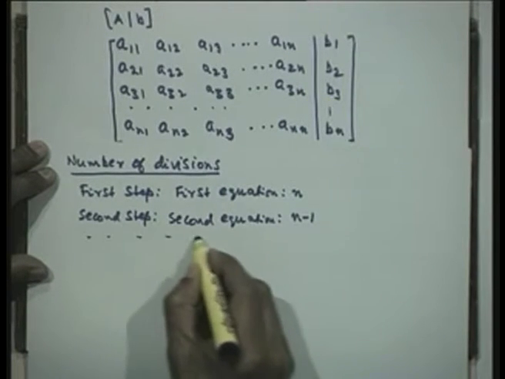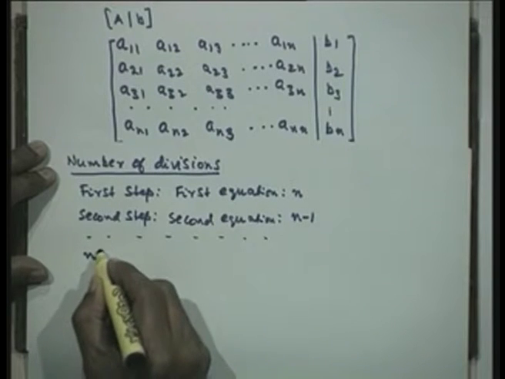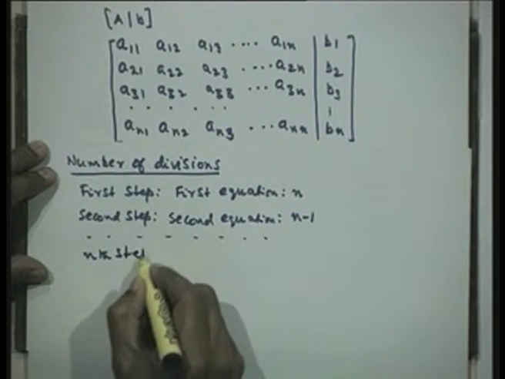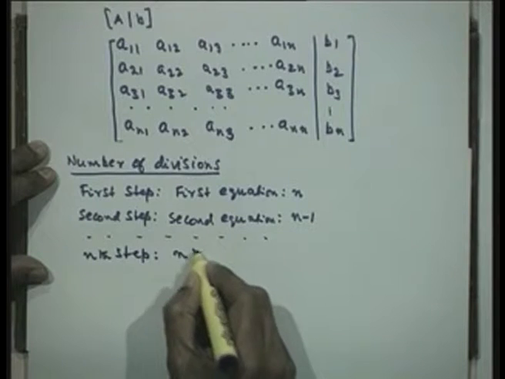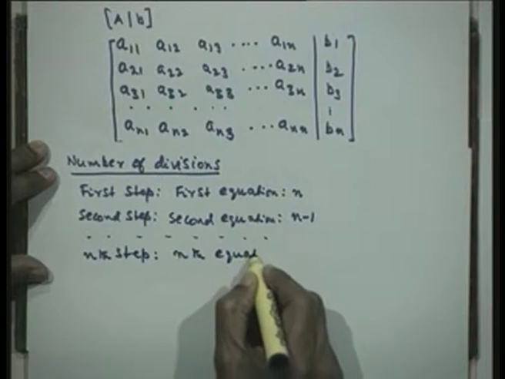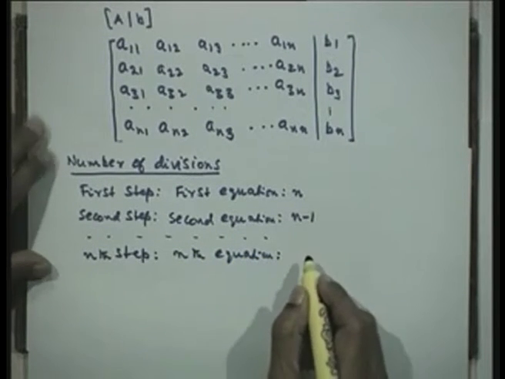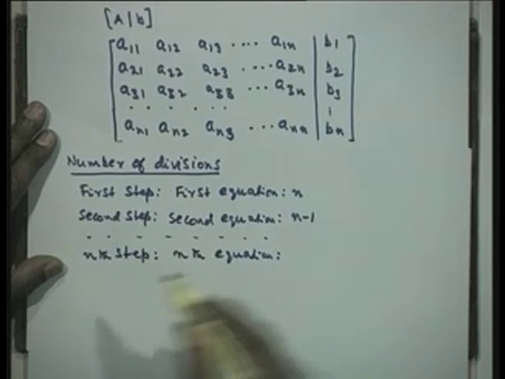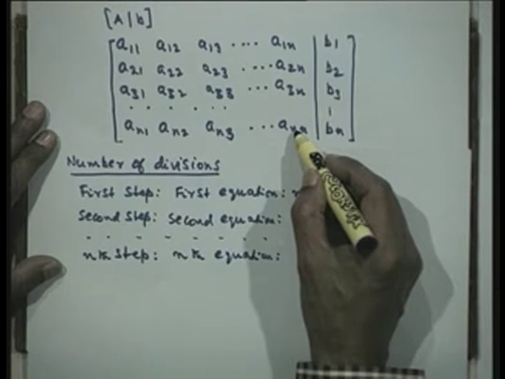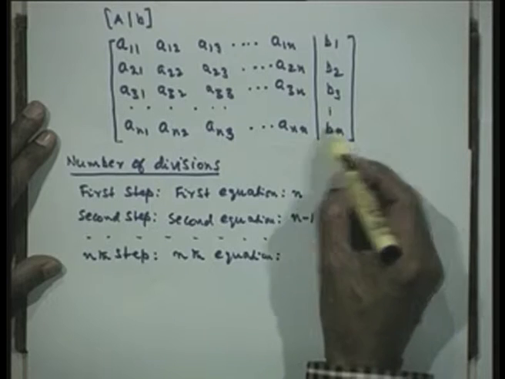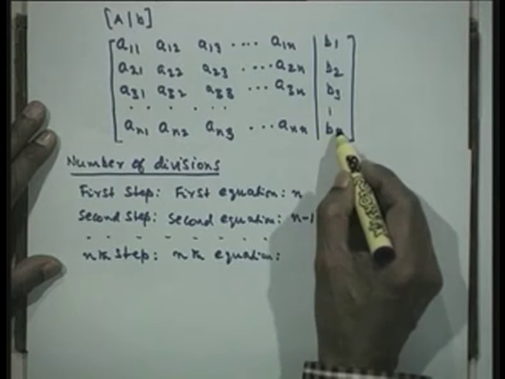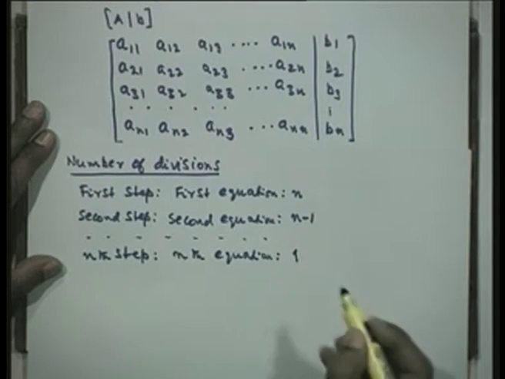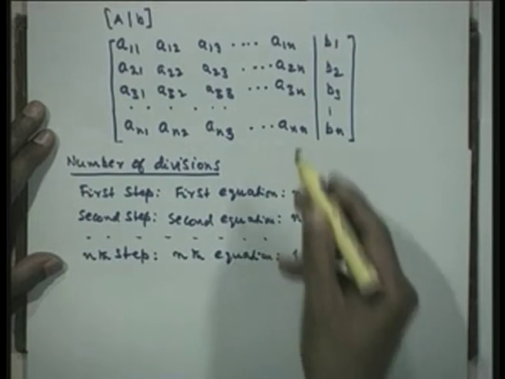Let us go on and take the nth step, that is your nth equation. Now, when we have reached the nth step, we have reached this location of this pivot. This pivot divides this to produce the last value in the solution. So, it has one division in the nth step, that gives you the last value of x.